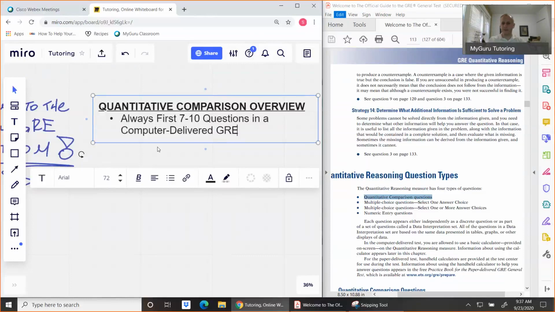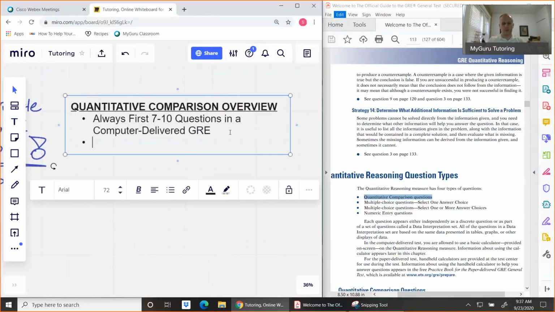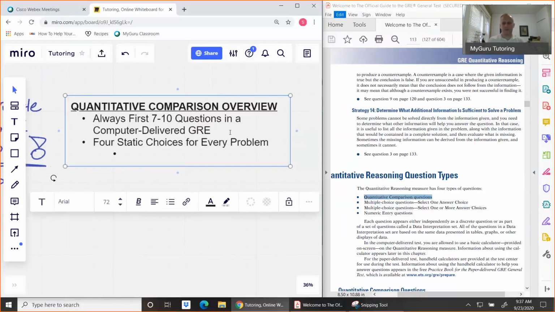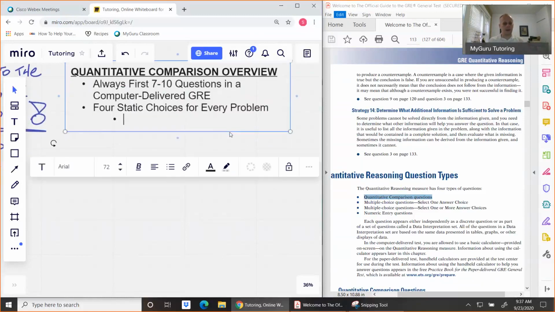We're going to assume everything's computer delivered. It is a little bit different for the paper delivered test, but it's exceedingly unlikely that you're going to encounter the paper delivered exam. So they always start your quantitative section. You're going to be looking at 4 static option choices for every problem. We'll talk about them in detail as we work through a couple of samples in a moment.